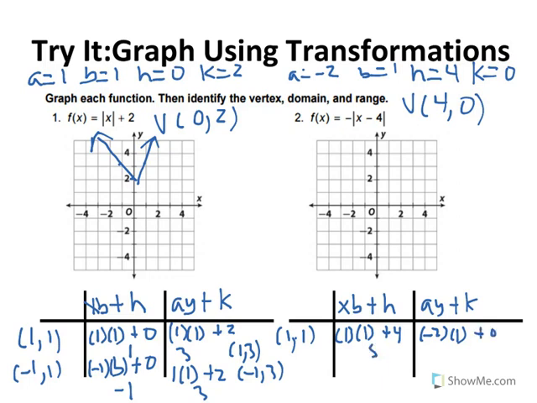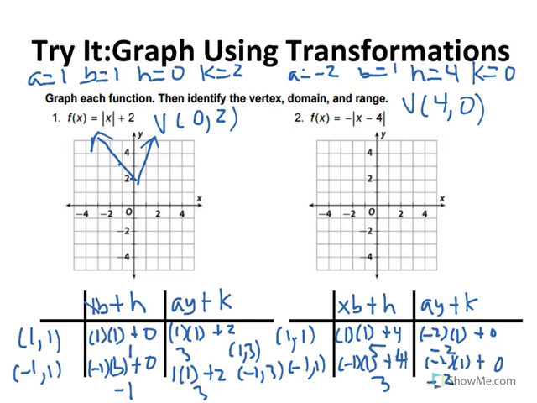So we have 5, negative 2, and negative 1, 1 will go to negative 1 times 1 plus 4 and negative 2 times 1 plus 0, since K is 0. So we have negative 1 plus 4 gives us 3, and this is still negative 2.